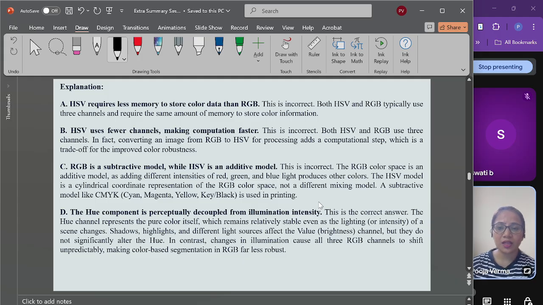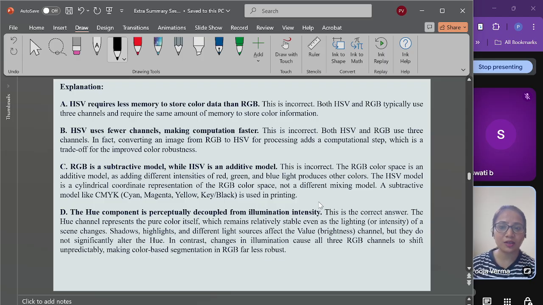Next is RGB is a subtractive model and HSV is an additive model. This is also incorrect because the RGB color space is, in fact, an additive model, and adding different intensities of red, green, and blue light produces other colors. The HSV model is a cylindrical coordinate representation of the RGB color space, so it does not consist of different mixing models.